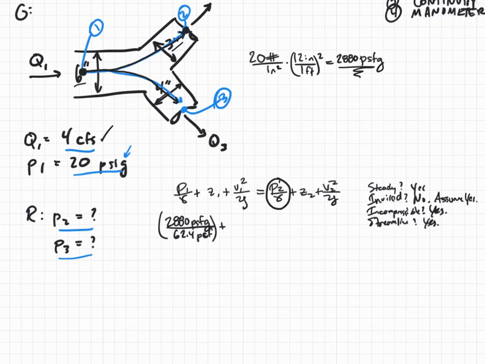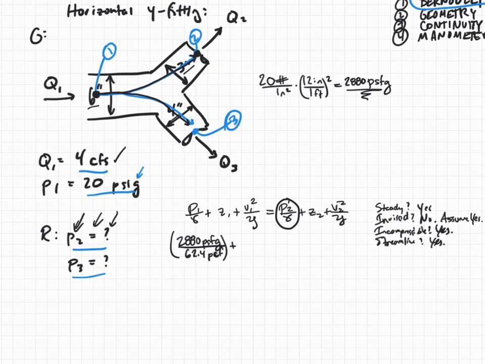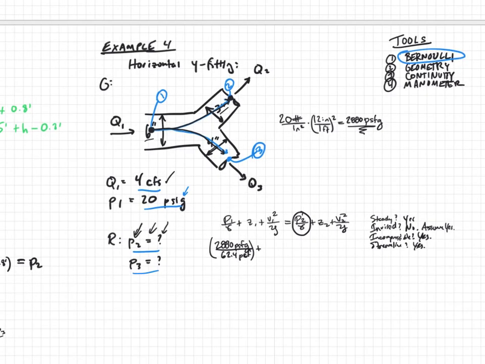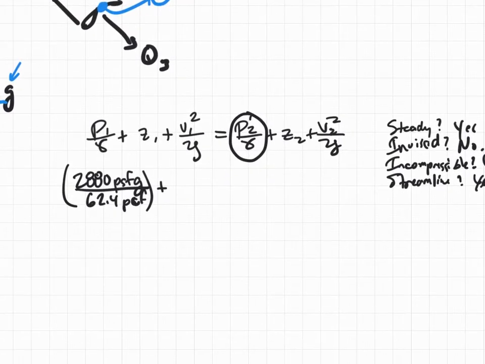Now Z1 and Z2: this is a horizontal Y fitting, so all of these points are on the same level vertically. I'll make that level the datum, so those points are all datum. Done.